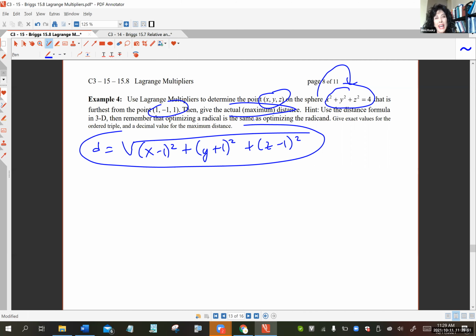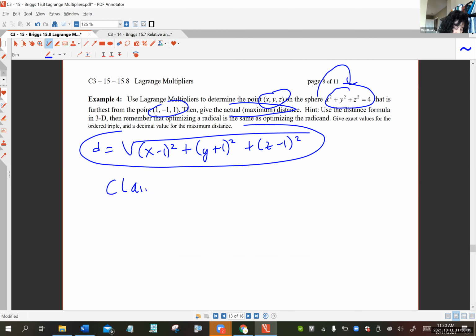But I don't like radicals, because anytime you have to take the derivative of a radical function, it gets kind of messy. So here's the claim, and listen up, because if you do a distance problem and you don't do it this way, because you like pain and you end up leaving the radical in there, I won't even grade it. Why are you doing this to yourself and to me?